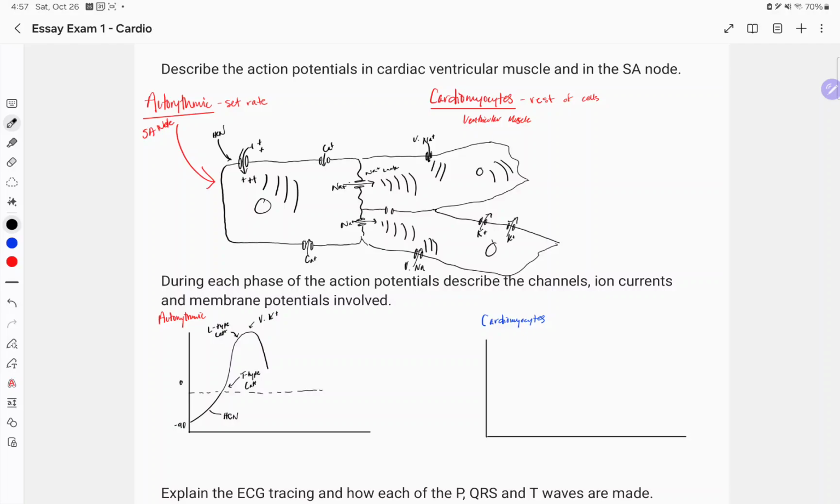And the more negative this gets, the more of those channels open, right? And then HCN, as it gets more negative, more of them open, which will eventually cause us to again depolarize and go back up.